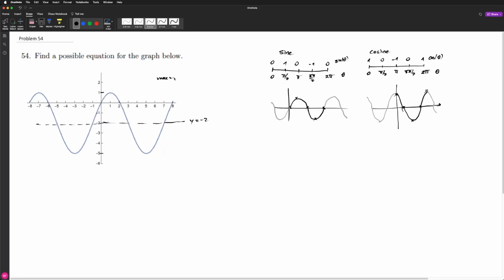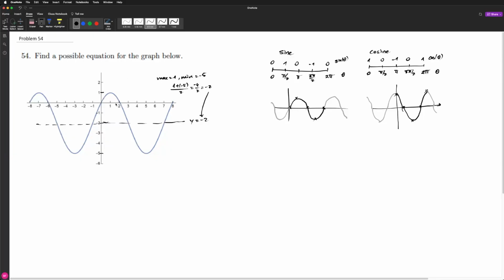Max is 1 and min is -5, and their average is -4 over 2, which is -2. That gives you the middle.